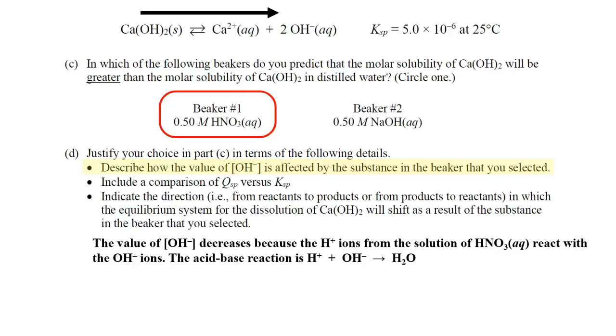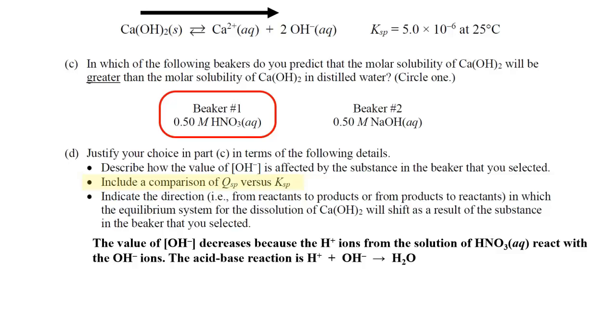Well, the value of the concentration of the hydroxide ion decreases because the H+ ions from the solution of that strong acid, nitric acid, react with the hydroxide ions. And so the acid-base reaction is H+ plus OH- to make H2O. And so when hydroxide ions are consumed as they react with the strong acid, then their concentration will actually decrease.